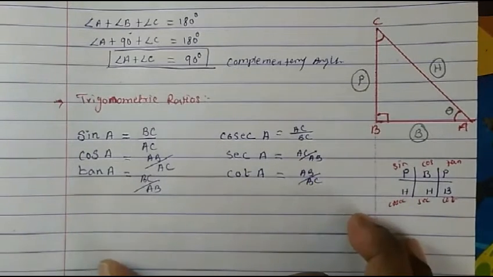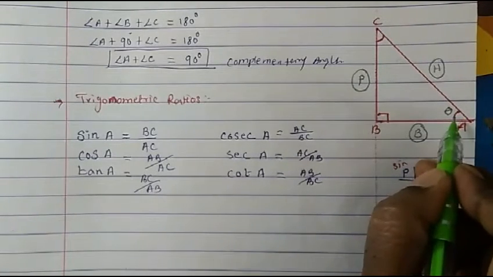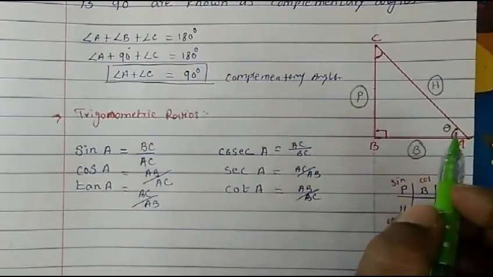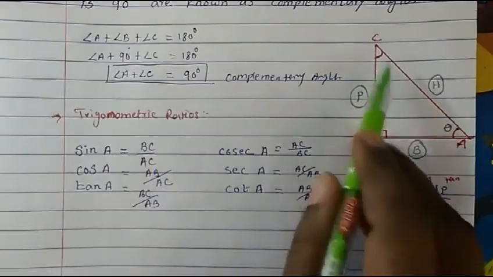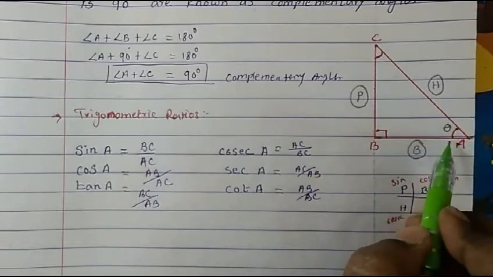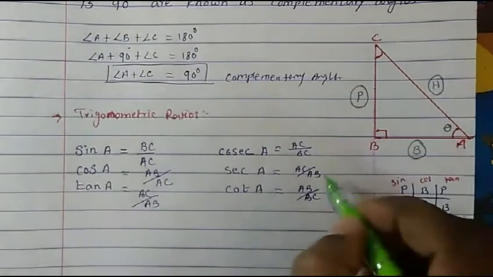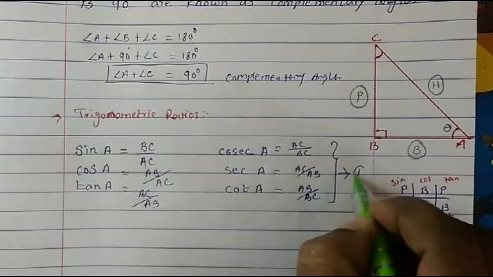So this is for the value of sine theta, meaning sine A, when theta is A. Already we have said that A plus C together give 90 degrees, so these are complementary angles. This is how we write the ratios for A. Keep this as equation 1.